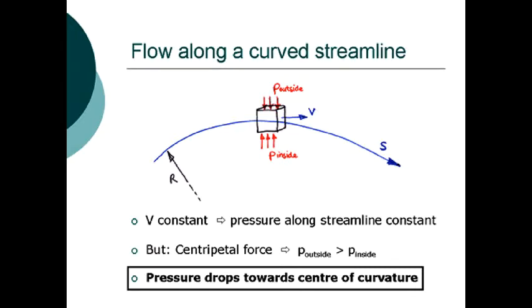That it's constant. The streamline may be curved, but the pressure at one end here is the same as the pressure there, because the velocity of that particle is constant along the streamline. And that's Bernoulli's equation. So great, we've already learned something.